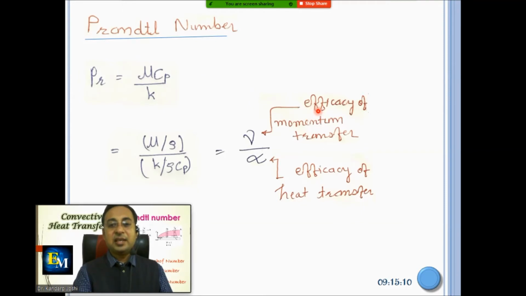What is efficacy? Efficacy is somewhat efficiency and capacity. Here it is the efficacy of momentum transfer, meaning the easiness with which one can flow, and the efficacy of heat transfer means the easiness with which one can transmit the heat.